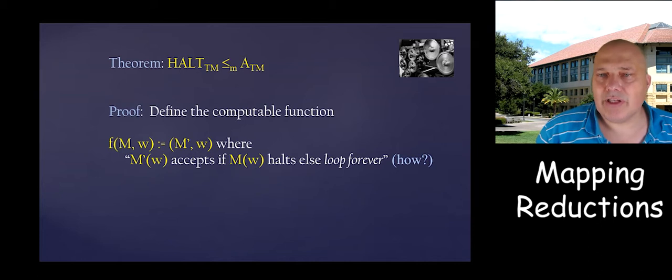And again, we will keep the same W, so we will just revise M. So we're going to transform MW to M prime W. This is the computable function we're going to define. And the property is that M prime W accepts if MW halts, and else it loops forever. So think for a second, how can you define M prime in such a way?